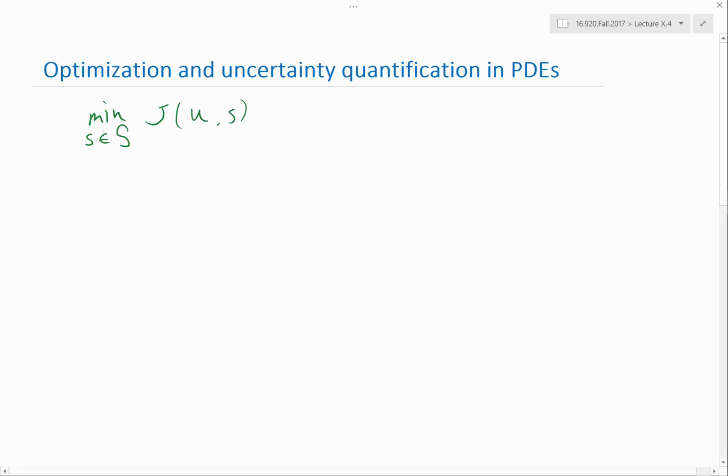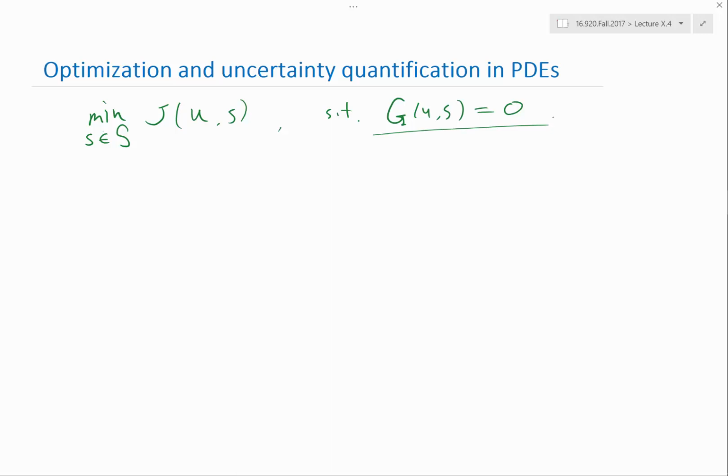I usually write this as a constraint, such that G, a differential equation or algebraic equation if you're doing machine learning. So: minimize J subject to G of U and S equal to 0. This can be a PDE, or some PDE plus other constraints. So we are going to be discussing how to solve problems like that.